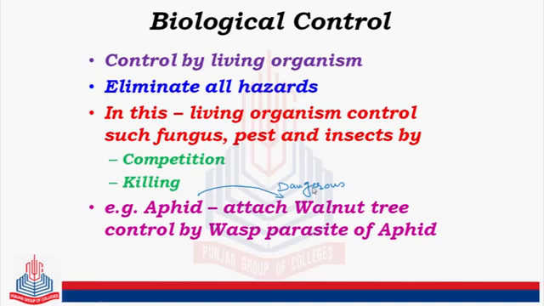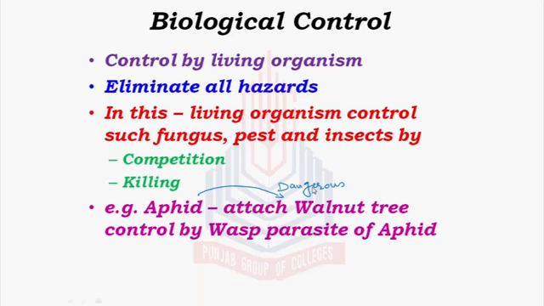That's why it is being controlled by wasps. Wasps are not harmful to walnut trees. That's why they attack the aphids, and when they attack aphids, they eradicate aphids for us. That was unintentionally done by the wasp, because the wasp is the natural parasite of aphids.